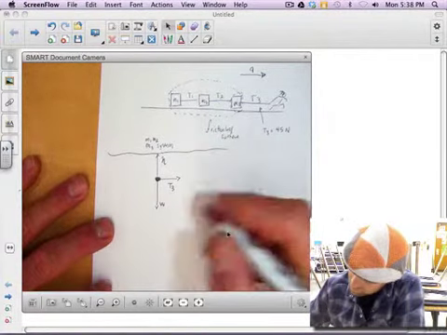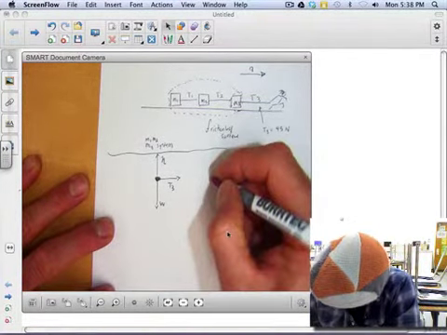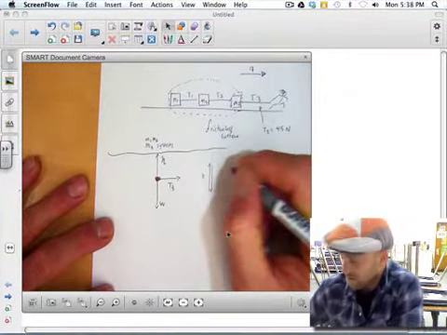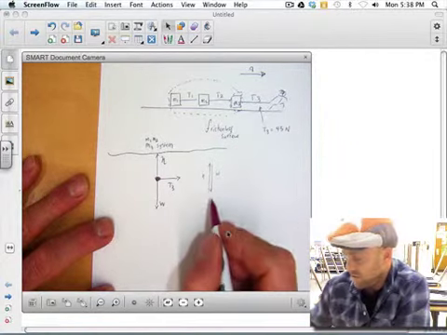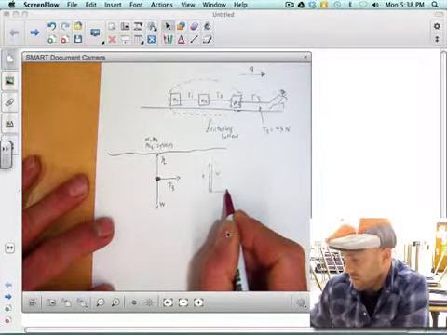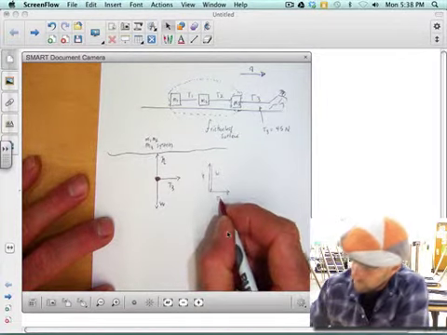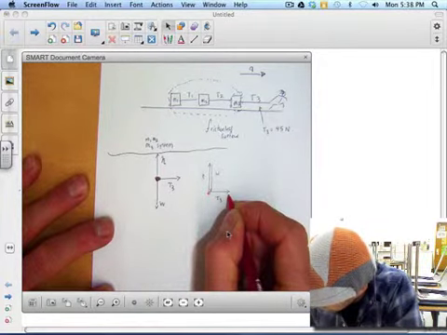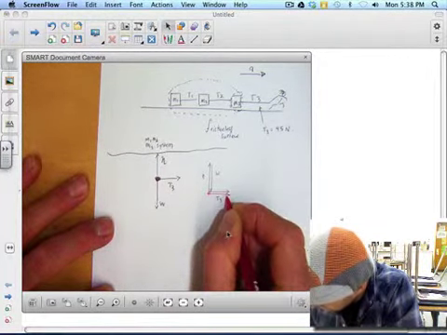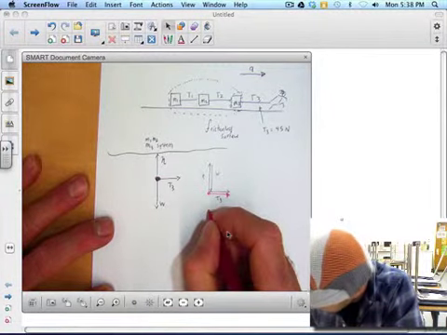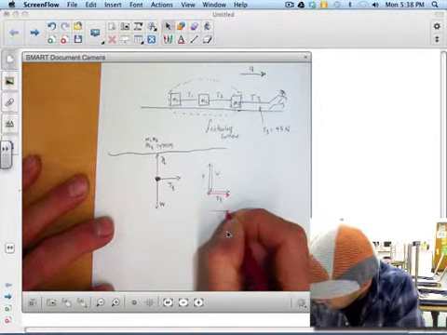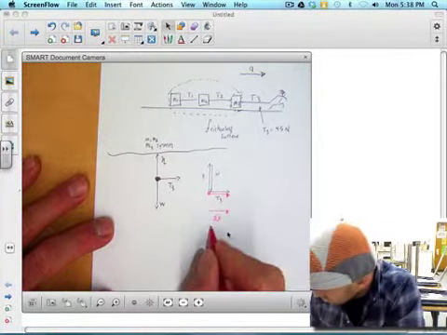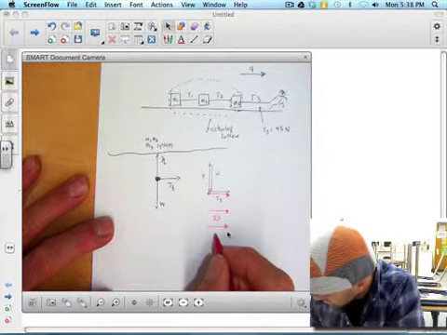If I add up my forces, I have normal, I have weight, and then I have T3. Well, I started here and I end here, so that vector is my sum of the forces vector, which is the same length as my T3, which I actually know is 45 newtons.